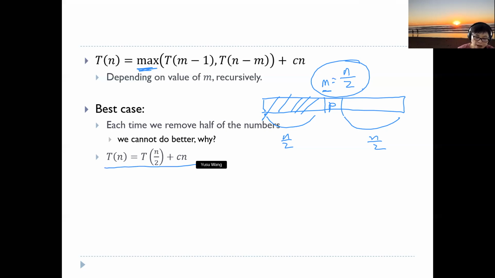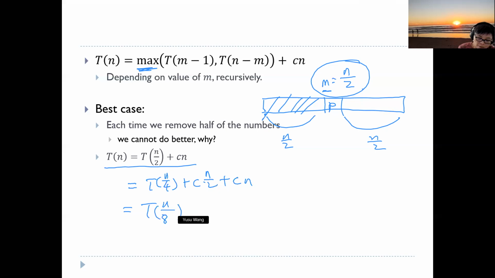And this recurrence, if I solve it, T(n) equals T(n over 2) plus cn. This is similar to some of the homework problems you did. If I expand it a few times, I get T(n over 4) plus c times n over 2 plus cn, which is equal to T(n over 8) plus c times n over 4 plus n over 2 plus cn.